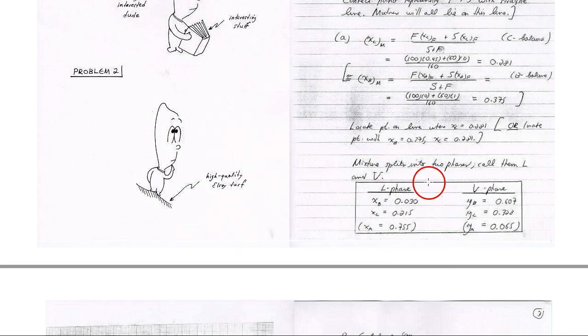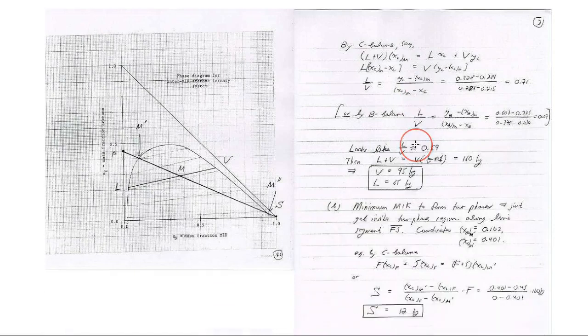Now, what are the masses of those two streams? That's what I'm doing here. The overall mixture, first I thought of as representing a mixture of the entering feed and the entering solvent, and that's a certain total mass. But I can also think of it as what leaves, and what leaves is the exiting streams, the L and the V stream.